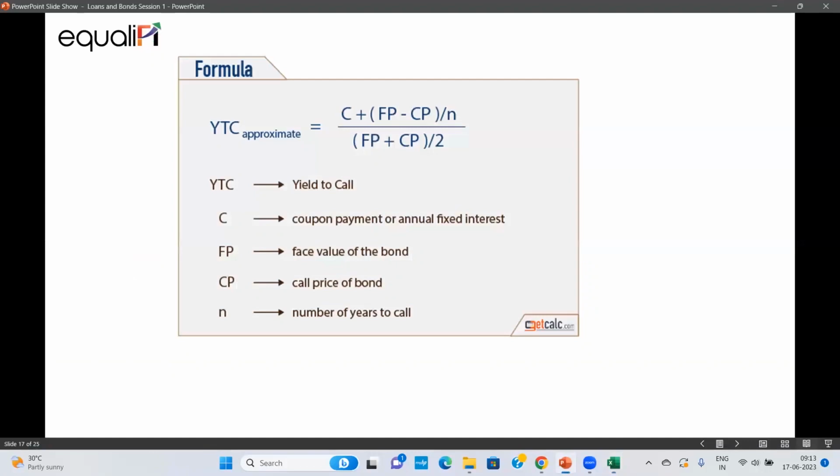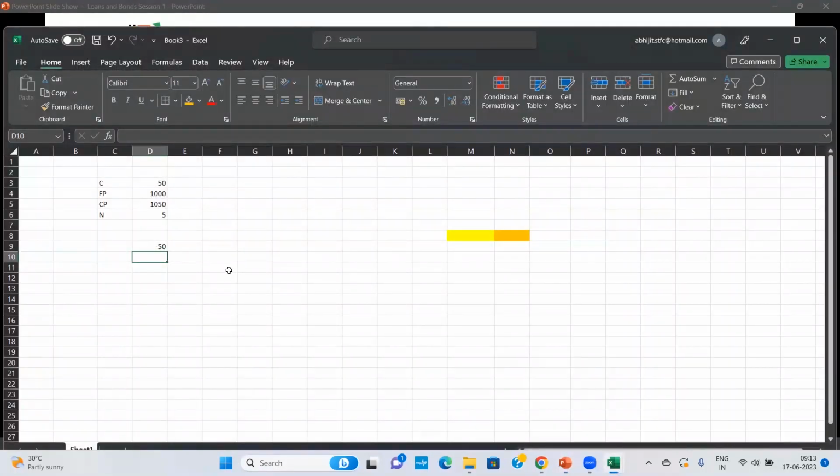N is 5, so FP minus CP by 5 is basically minus 50 by 5, which comes to minus 10.